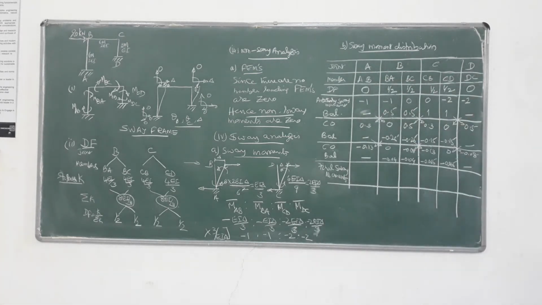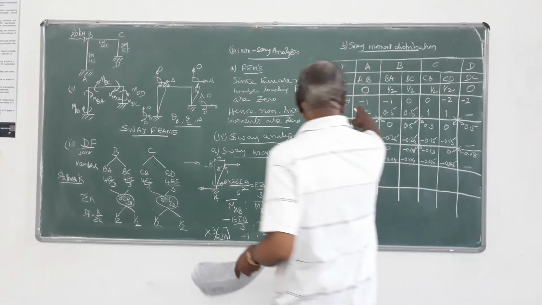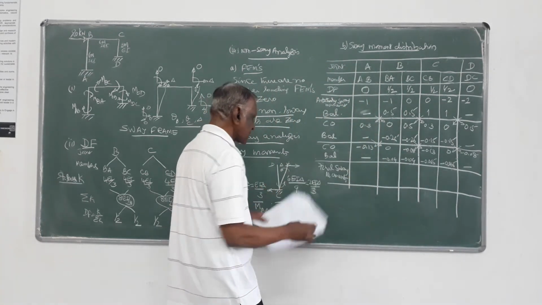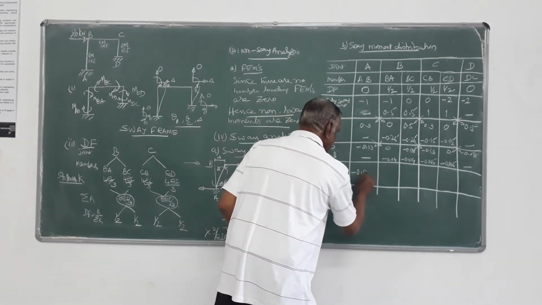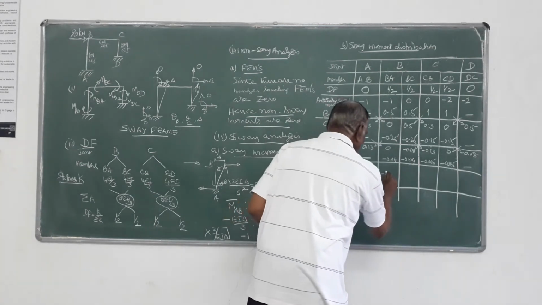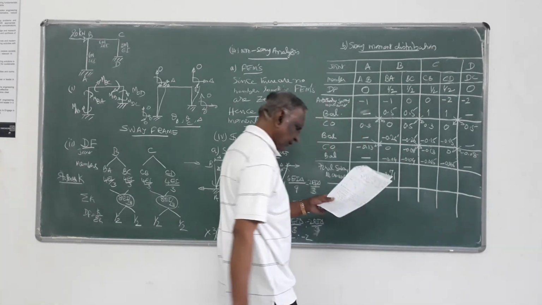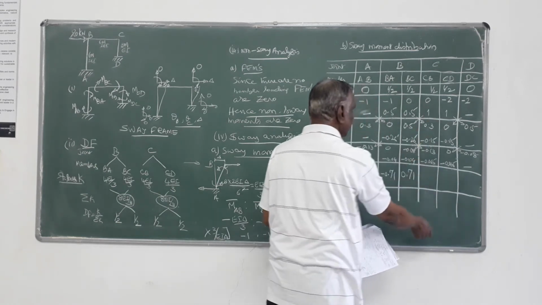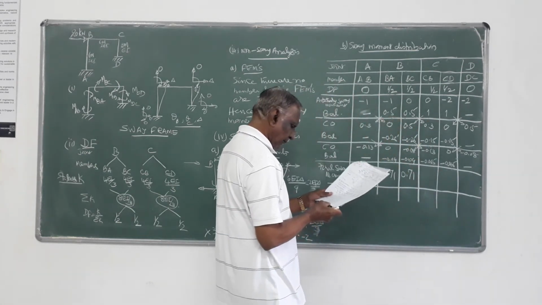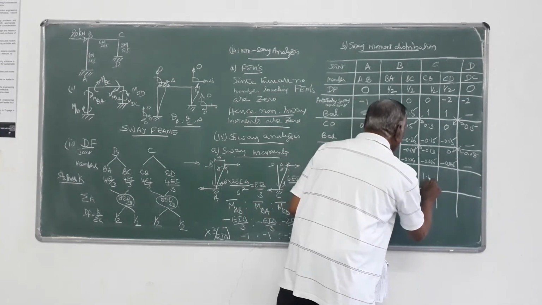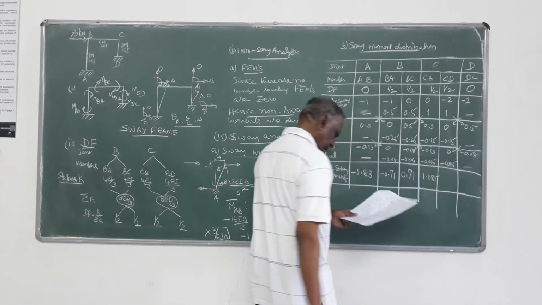I will add up. So I have the value here. It is -1 plus 0.3 minus 0.13. It is minus 0.83. Right? Yes, sir. Minus 0.83. Then here it is minus 0.71. Here it is plus 0.71. Here if you add up, you will get 1.085.